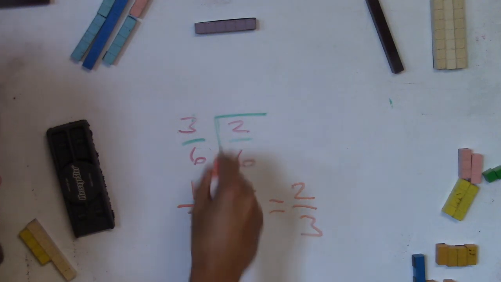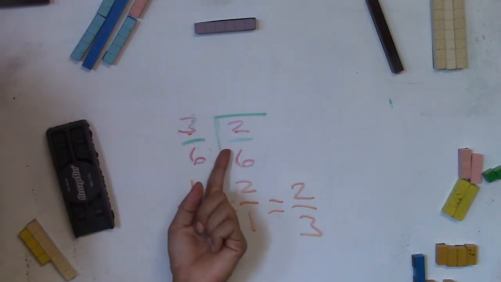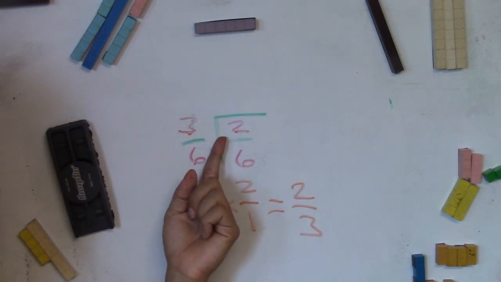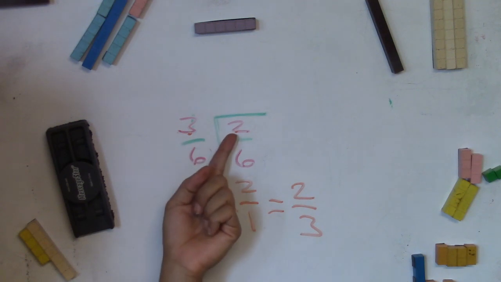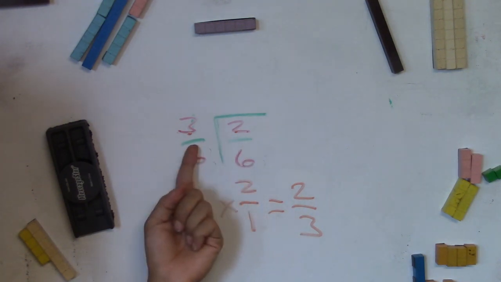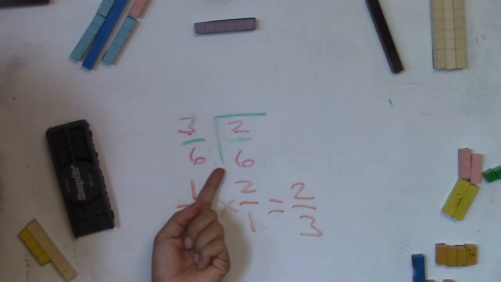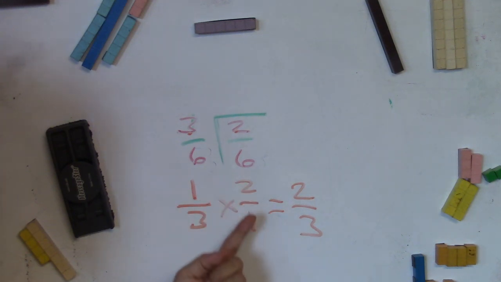Oh look, there's 2/3. Do you see it? Yes, I see. So now I can see that, look, that's the same thing as 2 divided by 3. It's the same thing. That invert and multiply thing, it's just a shortcut.